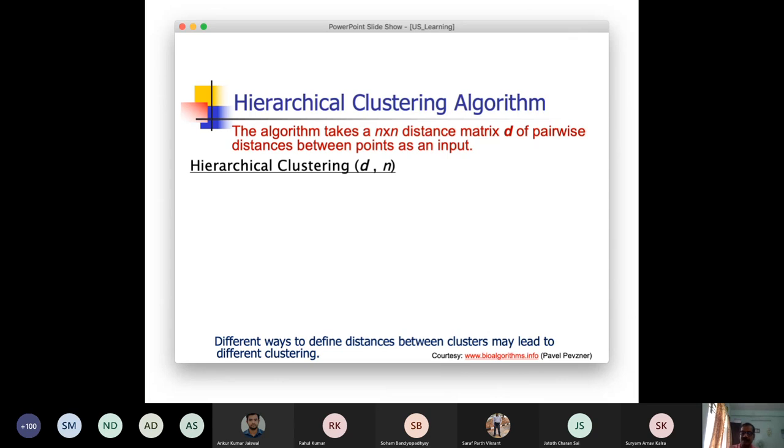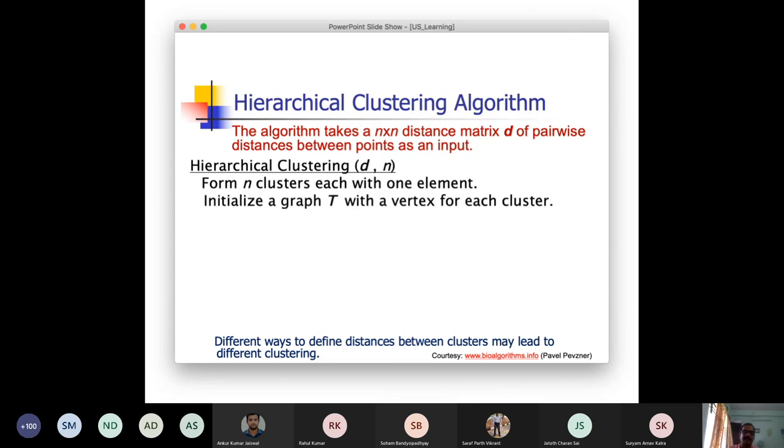As I mentioned, you consider only those pairs of points where one end is in one set and the other point belongs to the other set. Only those pairs you are considering, and their distance values are taken from the distance matrix, and you take the average of them. Then you will get the distance between the two sets.